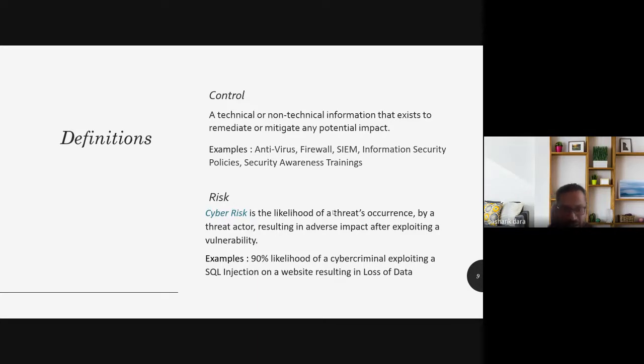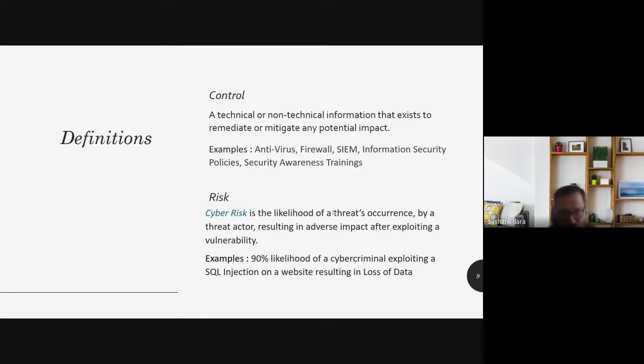Okay, if we have a near accurate, I'm careful in choosing the word accurate, because there is simply no way to accurately predict it. We can only be as close as possible. If there is a near accurate way of calculating this risk, then we can, of course, act upon it, take a decision, mitigate it, remediate it, and things like that. So that's the difference.